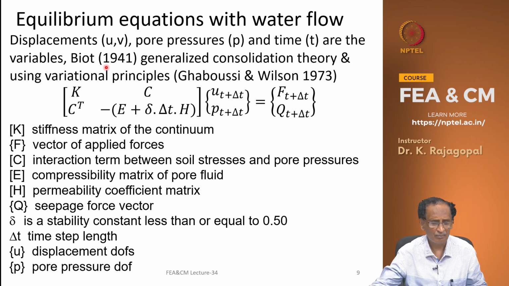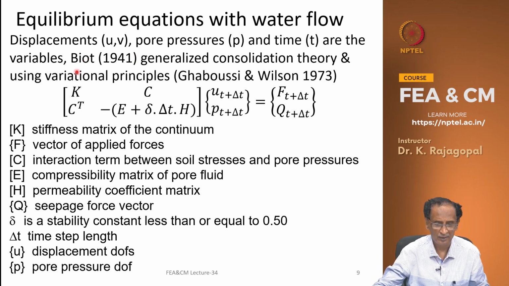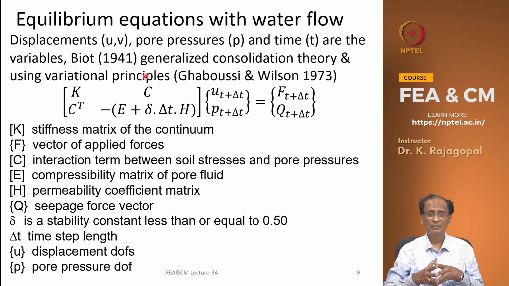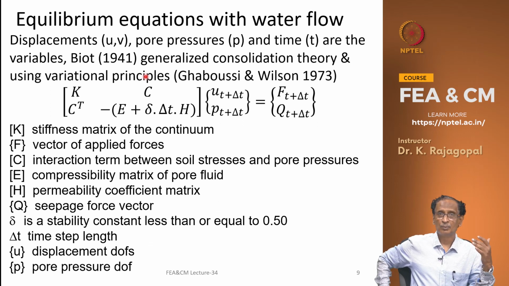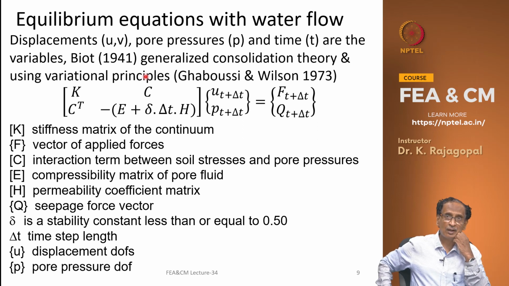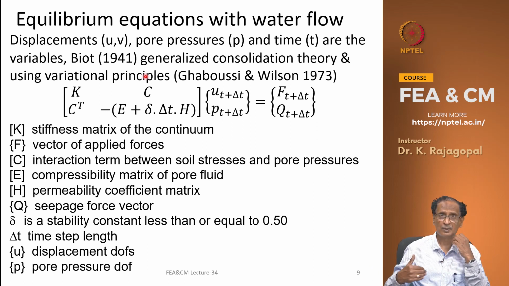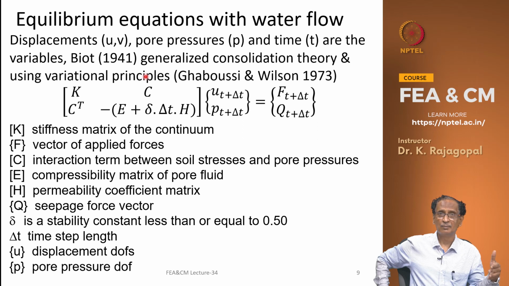And by using that and by using the variational principles, Gabbusi and Wilson adapted Biot's theory for finite element analysis. Biot's equation is for pure mathematical analysis, but when you have, say, anisotropic soil or non-homogeneous soil or complicated boundary conditions, we have to use some numerical method for doing the analysis.